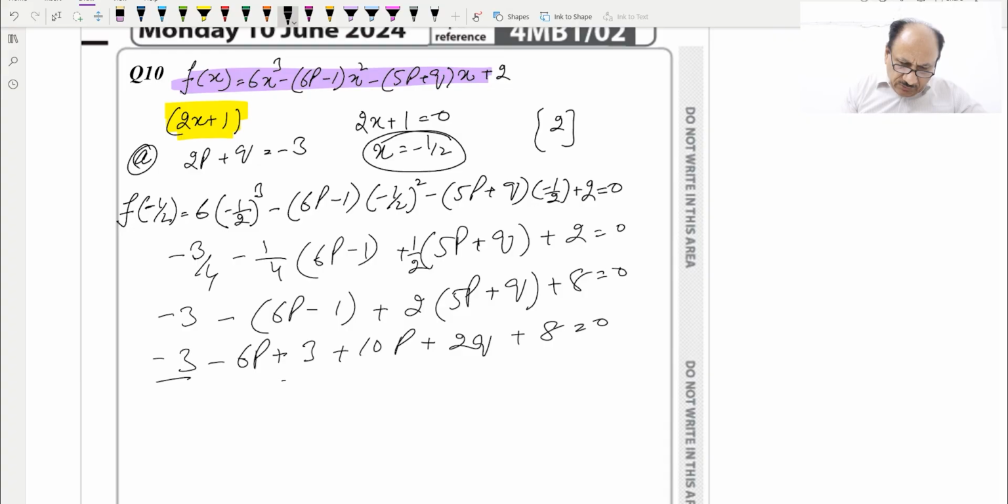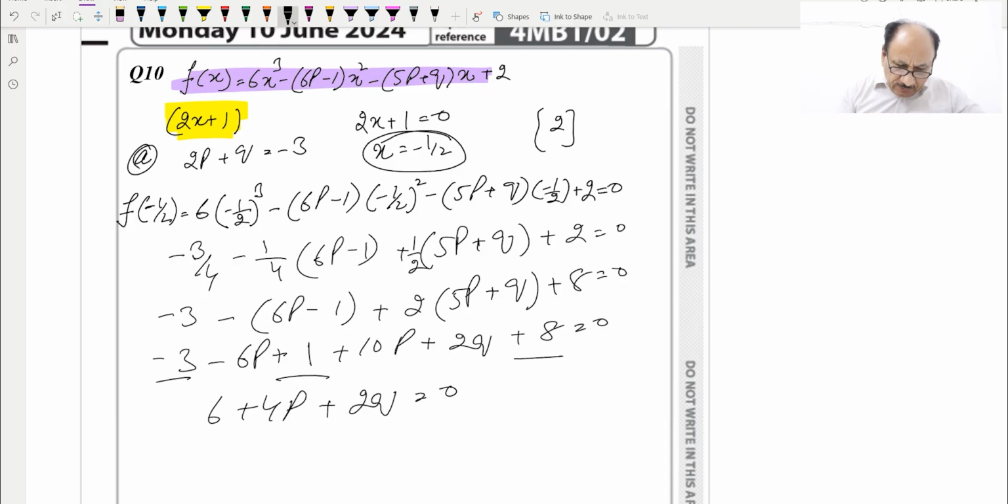From where did we get this plus 3, by the way? So this is 6p minus 1, so it should be plus 1 here. So plus 1 here, yes. So minus 3 plus 1 and plus 8, we will simplify, and we will get 6, and minus 6p and plus 10p will be plus 4p, and plus 2q is equal to 0.